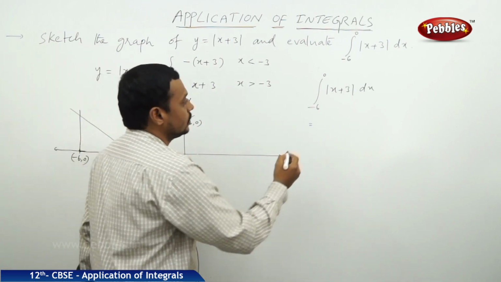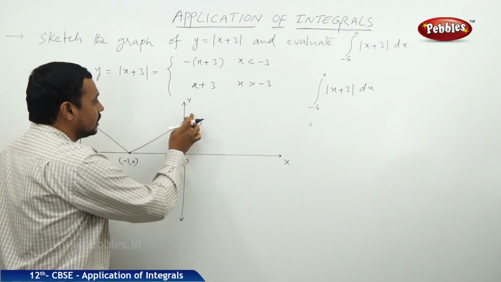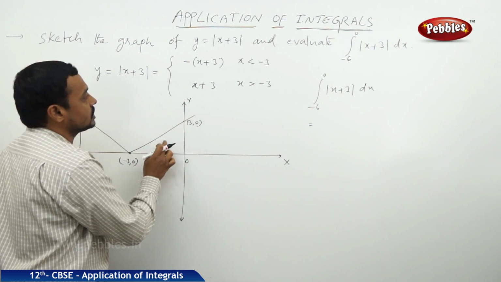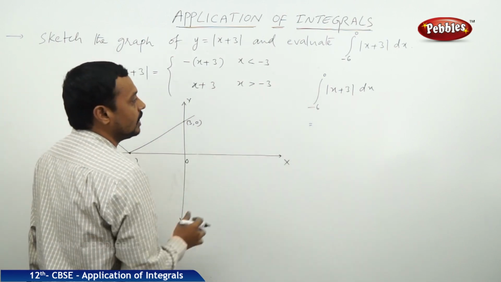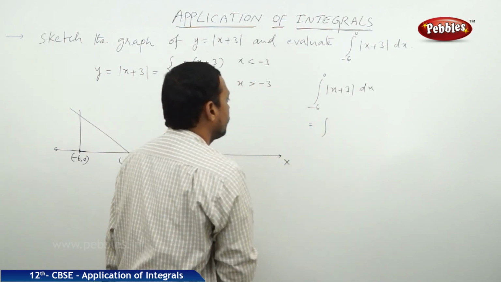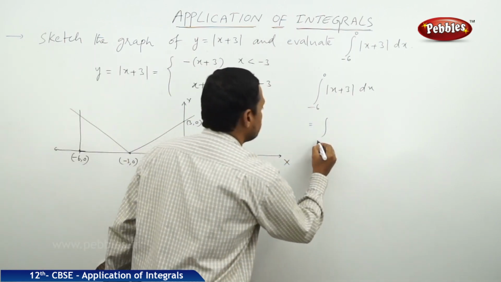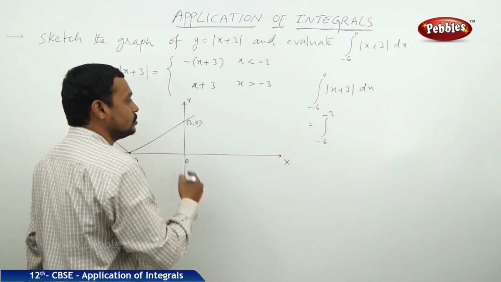And from minus 3 to 0, it is the area formed by the straight line y is equal to x plus 3. So in that given interval, there are two regions. One is defined from minus 6 to minus 3, and another one is defined from minus 3 to 0.